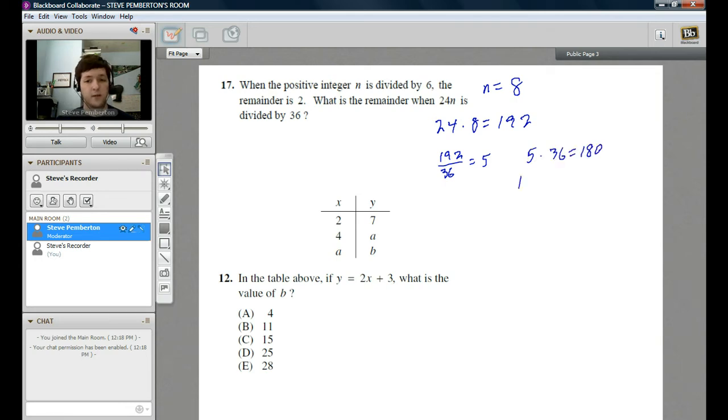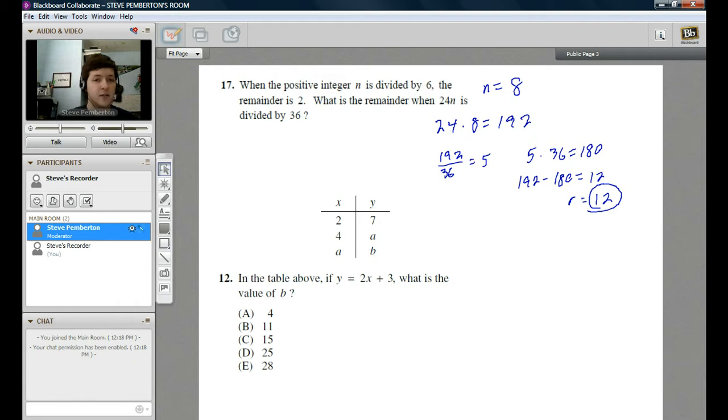So 192 minus 180, there's a difference of 12. So the remainder, when you divide it by 36, the remainder is 12. So that would be your answer. You'd grid that in and you'd get the point. Even though there were no variables, you could still do it. It's still an option to plug in.